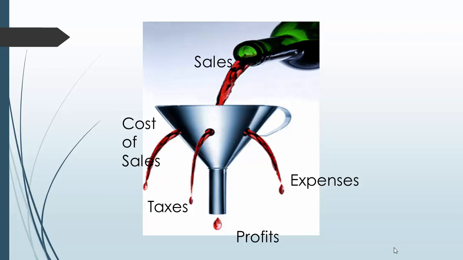Then you've got expenses, other costs that you have to incur to get those sales. Then you've got to pay taxes. And then you land up with your profit. Your profit isn't the whole bottle of wine. Your profit is just this little drop over here. This is what explains the income statement, where you start off with a whole big bottle of wine and you land up with a little bit of profit at the end.